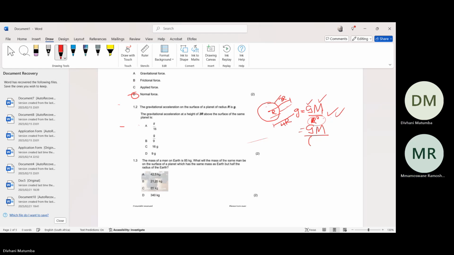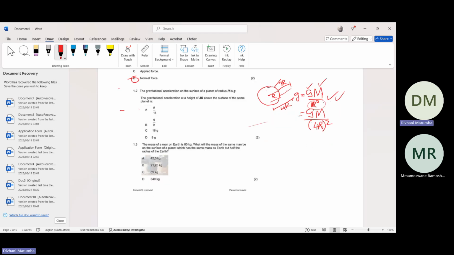Okay, yes. So we have 4r in brackets and you square. Don't put 4 outside of the brackets. So we're going to have GM all over 4 squared, which gives you 16r squared. Yeah, you got it.